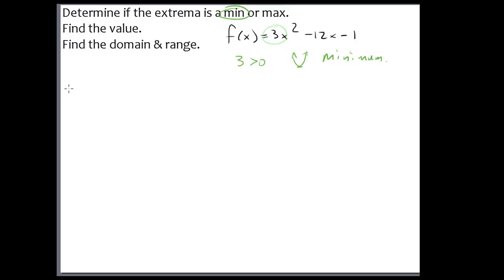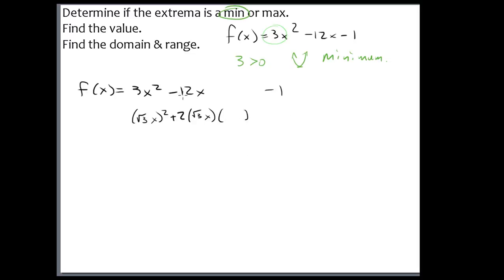Well, what I could do is attempt to complete the square. f of x is equal to 3x squared minus 12x minus 1. So then I'm going to have to divide everything by the square root of 3, right? And then this is the square root of 3 times x squared, and this is plus 2 times the square root of 3x times whatever that other number is.